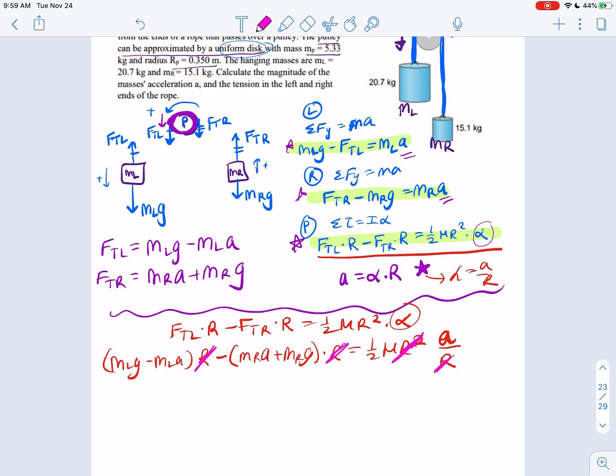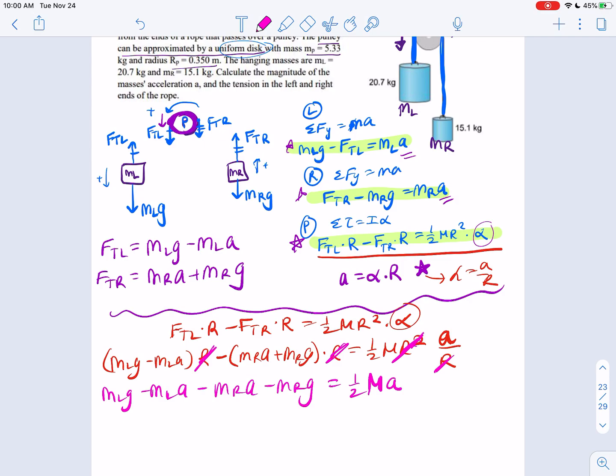Then I might as well plug the numbers in at this point: MLG minus MLA minus MRA minus MRG equals 1/2 MA. Remember that capital M is the mass of the pulley. Then I'll combine all the A's.